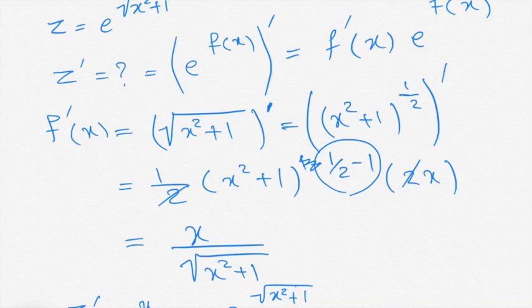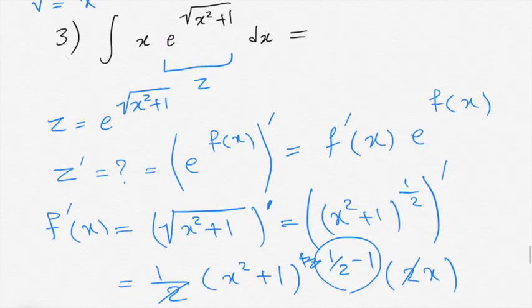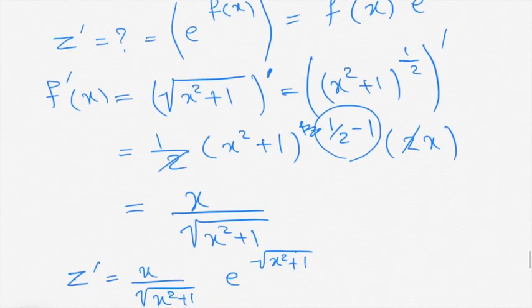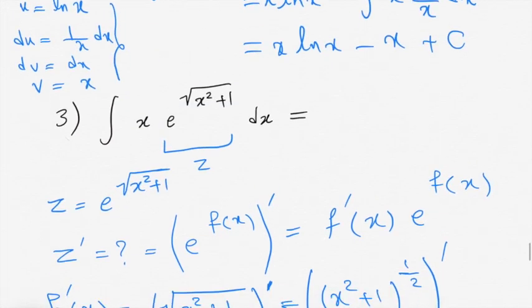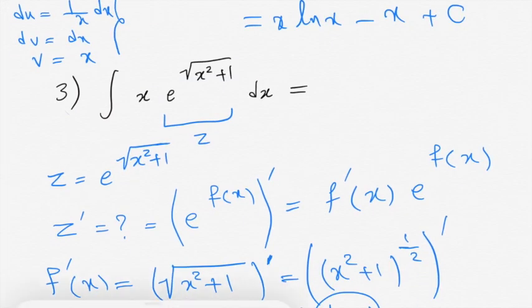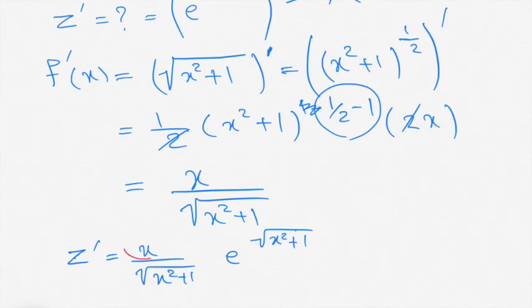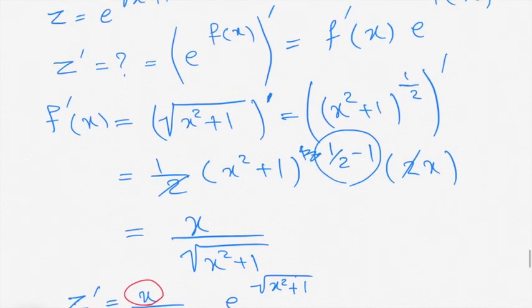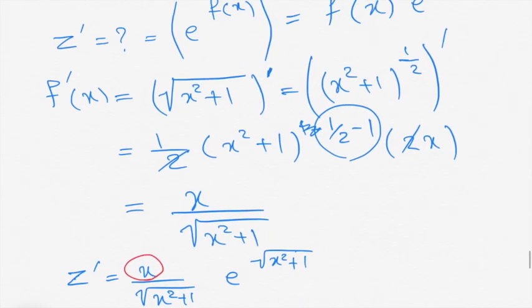What was the f of x? It was this, right? So this is the z prime. So we said this is z, and this is z prime. So you see that here, for instance, this x exists, and we have an x here.